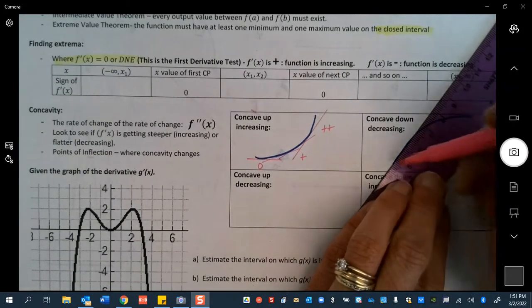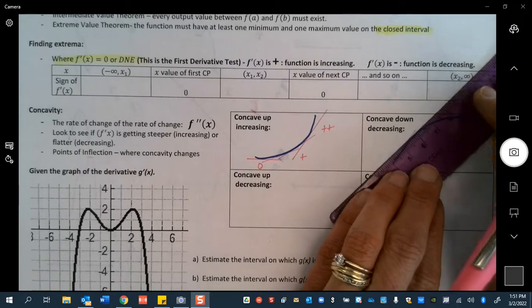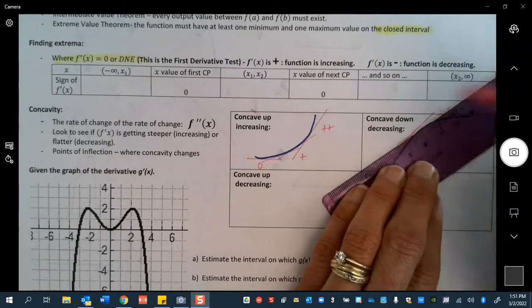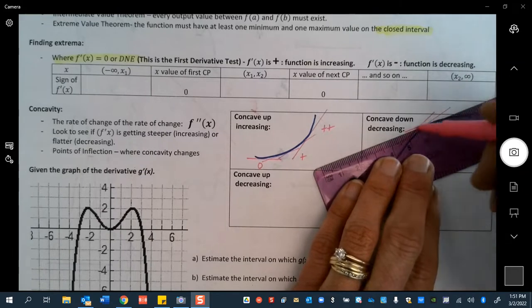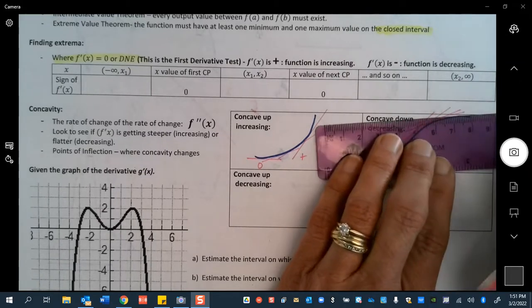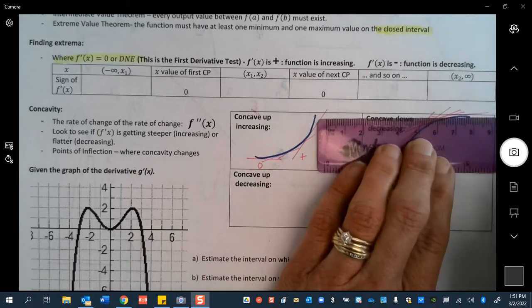If my derivative is positive but flattening out, then my derivative value is getting smaller and smaller and smaller.